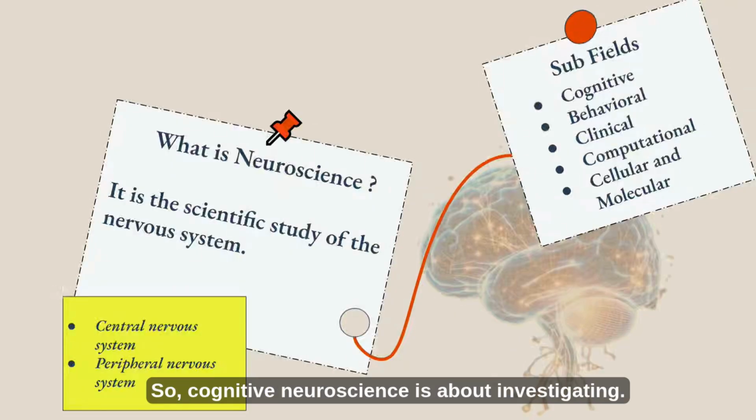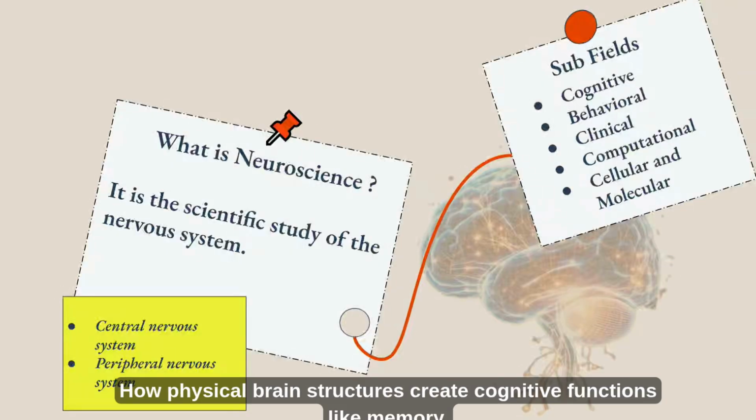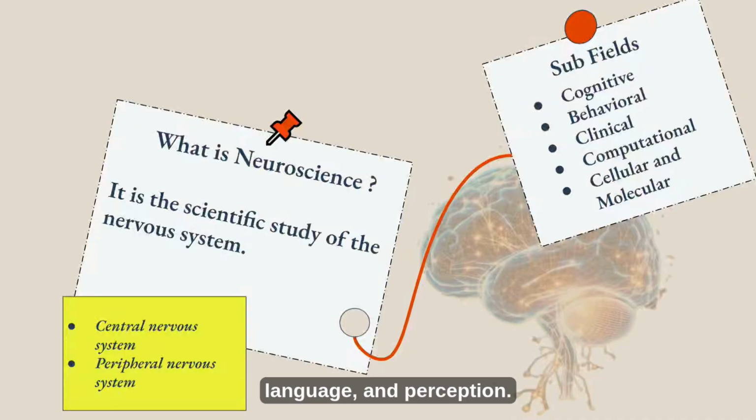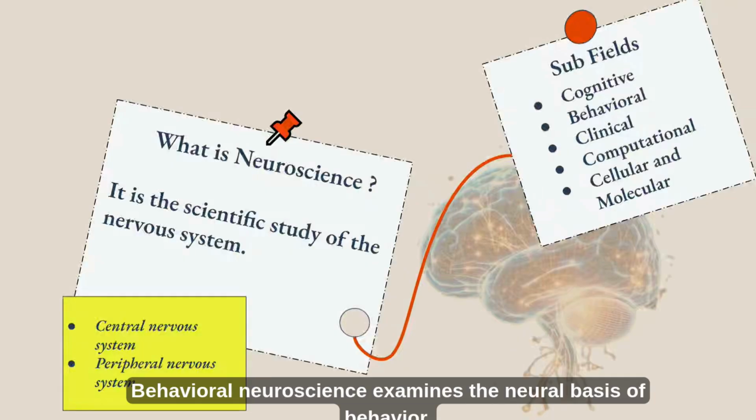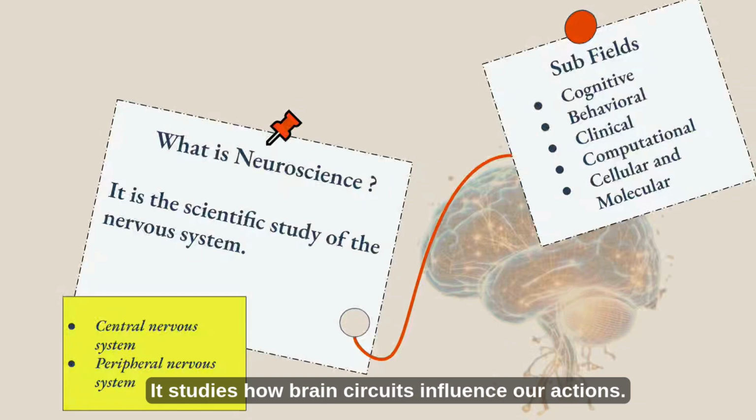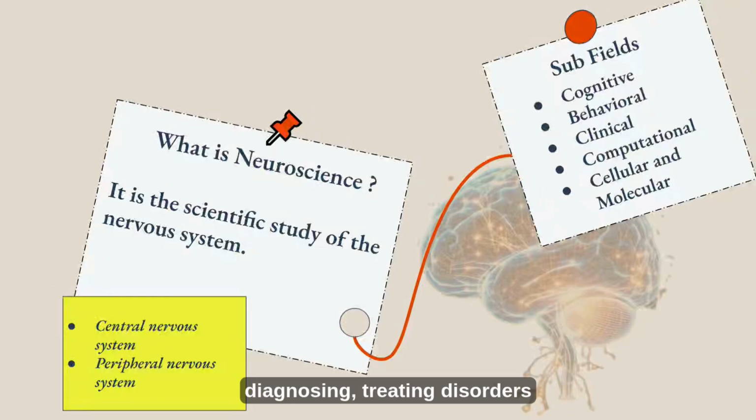Cognitive neuroscience is about investigating how physical brain structures create cognitive functions like memory, language, and perception. Behavioral neuroscience examines the neural basis of behavior. It studies how brain circuits influence our actions. Then clinical neuroscience is about understanding, diagnosing, and treating disorders and diseases of the nervous system.